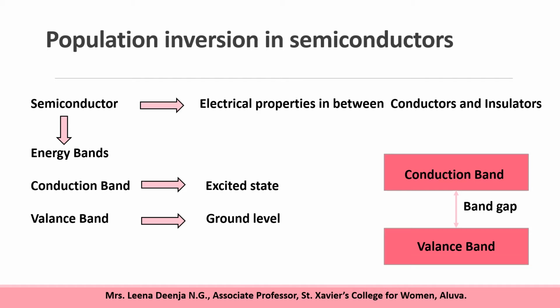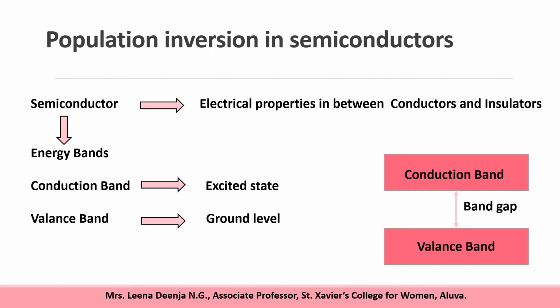In semiconductors, electrons are not associated with specific atoms but are injected into the conduction band from the external circuit. Therefore, conduction band plays the role of excited level while the valence band plays the role of ground level.